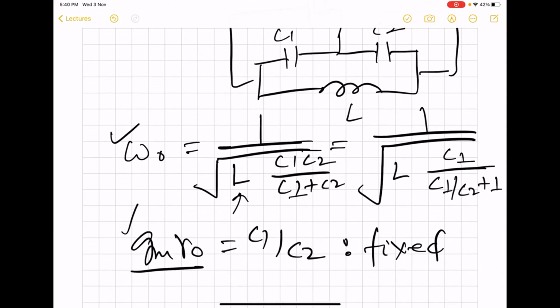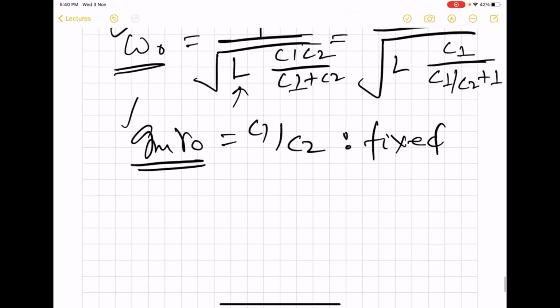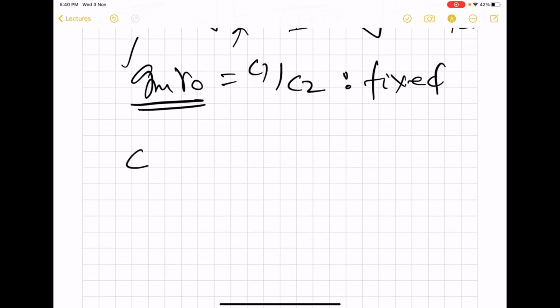So if you want to make a tunable oscillator, it will be better that we have another parameter so that omega naught and the intrinsic gain or the GM can be decoupled, and one will have a degree of freedom in deciding one of the parameters even when the first one is determined. So that leads to an oscillator called the Clapp oscillator.